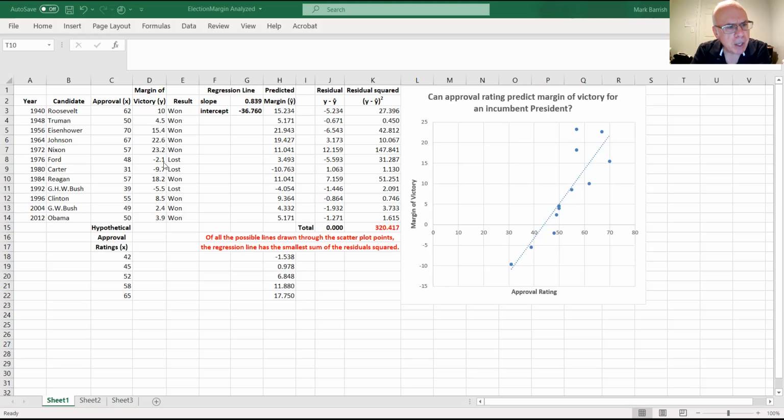No, actually, I did say that. I think the only one I missed was Ford. That's right. Gerald Ford lost to Jimmy Carter in 1976. All right, and then we don't have the loss of Donald Trump in 2020. That's not being shown. All right, so those are the data points.